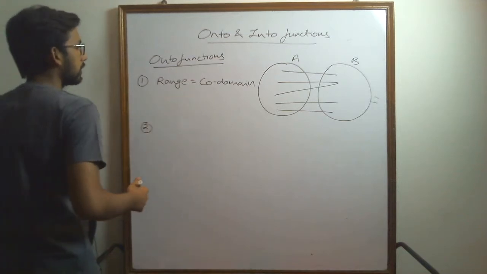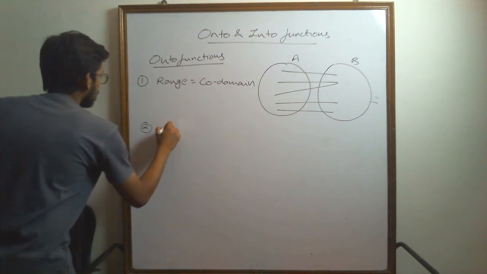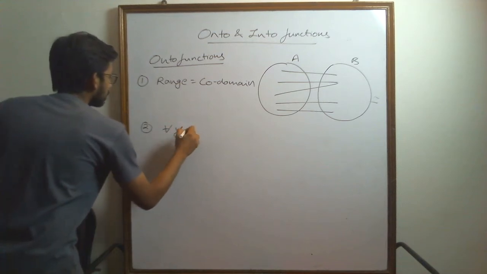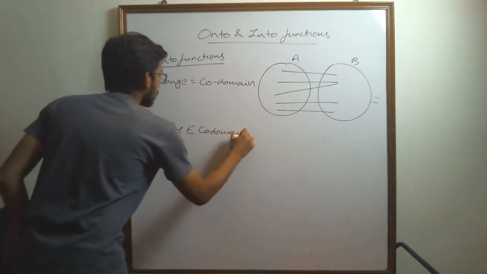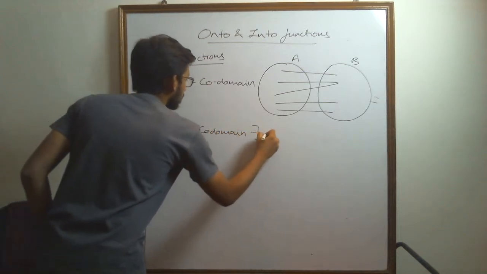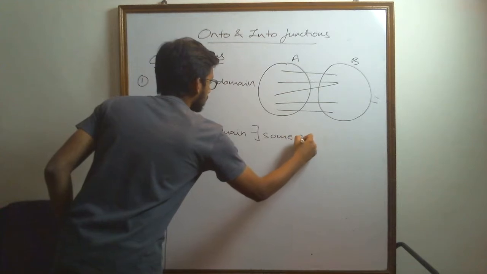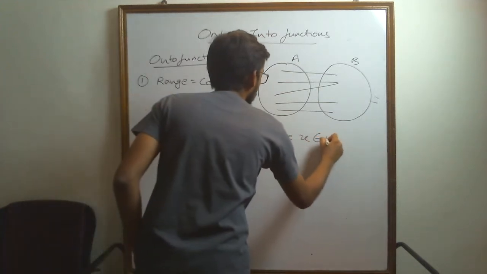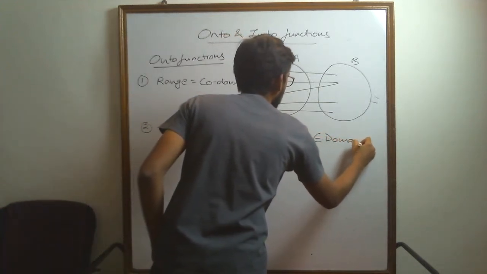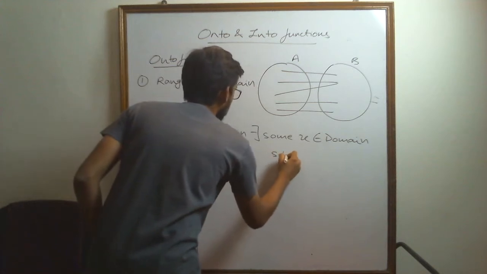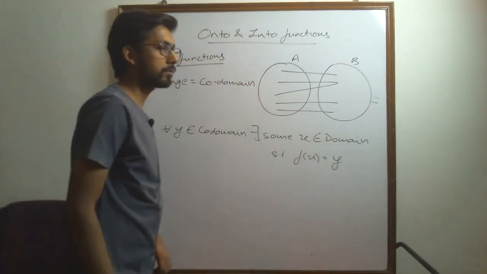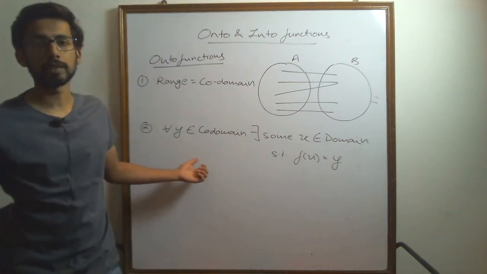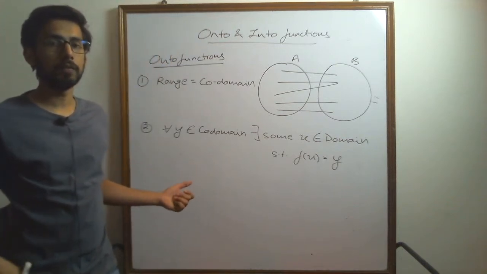Another way to prove that a function is onto is that for all y belonging to the codomain, there exists some x belonging to the domain such that f of x is equal to y. If we can prove this statement, then it would mean that the function is onto.